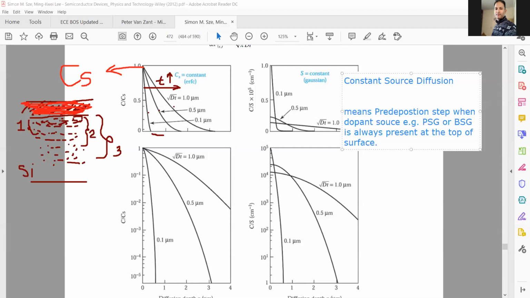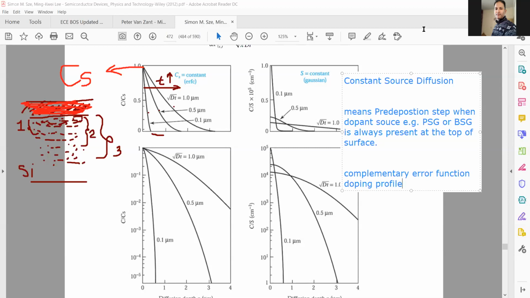And the second highlight is that in this case, when you solve the Fick's diffusion equation, what we get is a complementary error function type doping profile.